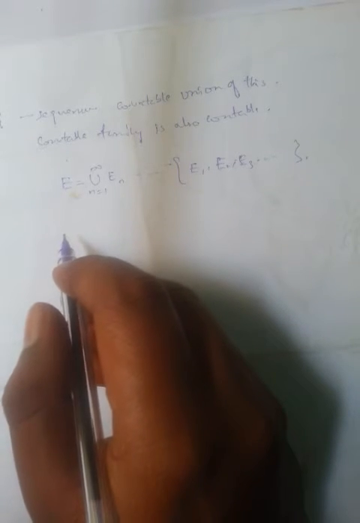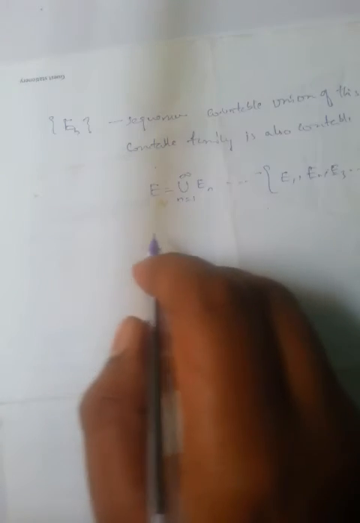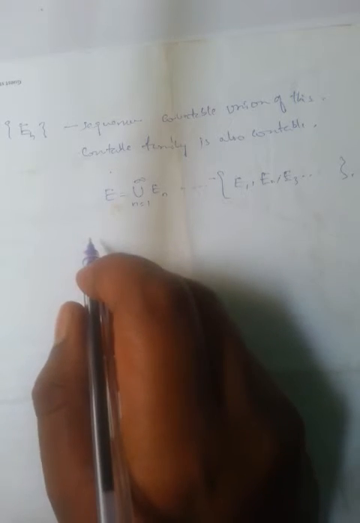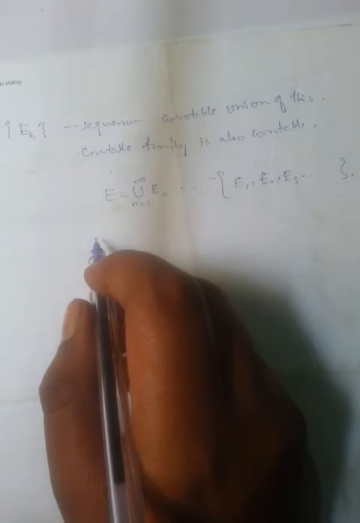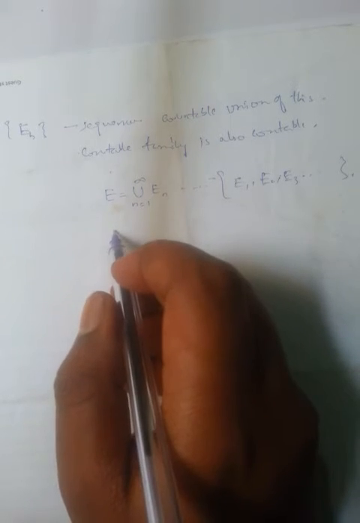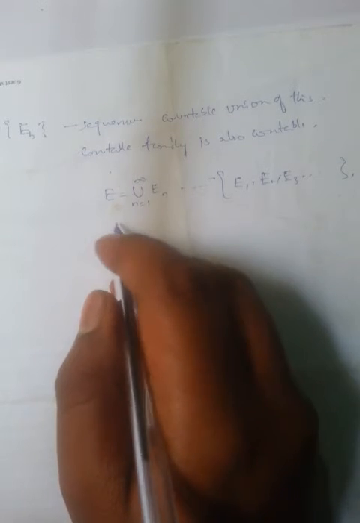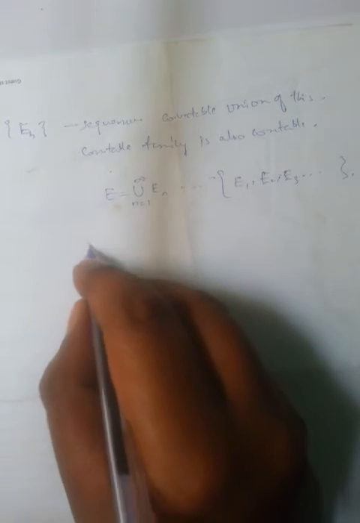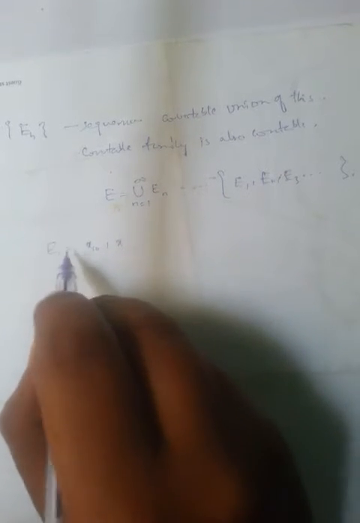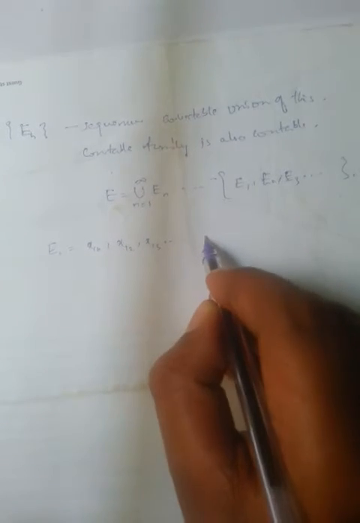Now we are considering sequences of En. For example, we are trying to consider all the sequences that we could generate in En, so there should not be any possible sequence left out. So for E1 we consider x11, x12, x13, and so on.